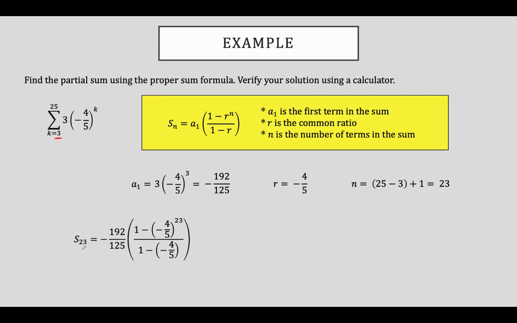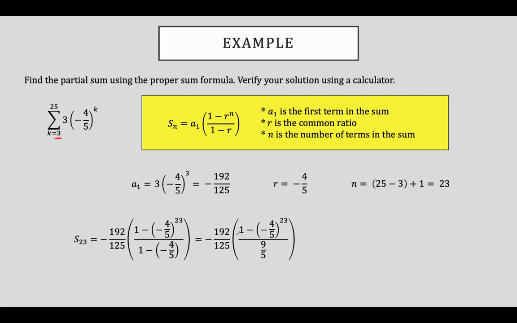So S subscript 23 is equal to negative 192 over 125 times the quantity 1 minus negative 4 fifths raised to the 23rd divided by 1 minus a negative 4 fifths. Let's begin to simplify, starting with our denominator here. 1 minus a negative 4 fifths becomes 1 plus 4 fifths, leaving me with 9 over 5.